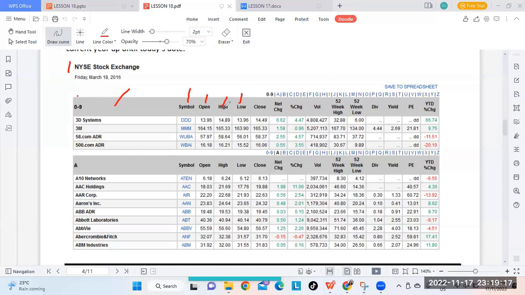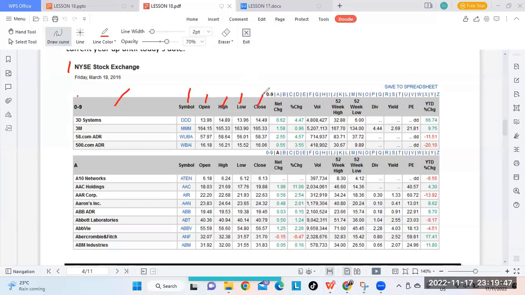For column 4, that's the high, and then column 5, low. For the high, that is the maximum, and then doon sa low, minimum. So, the maximum and the minimum prices that people paid for the stock.